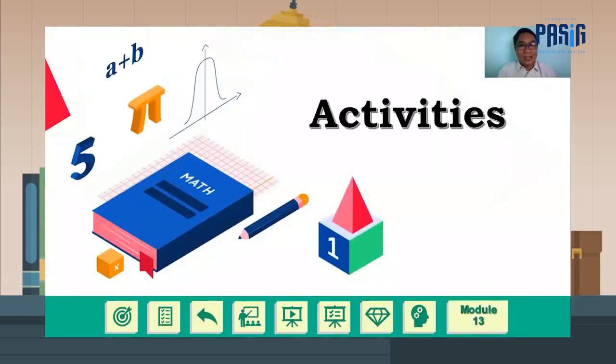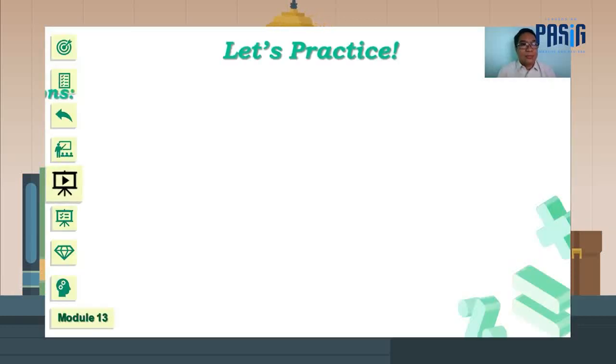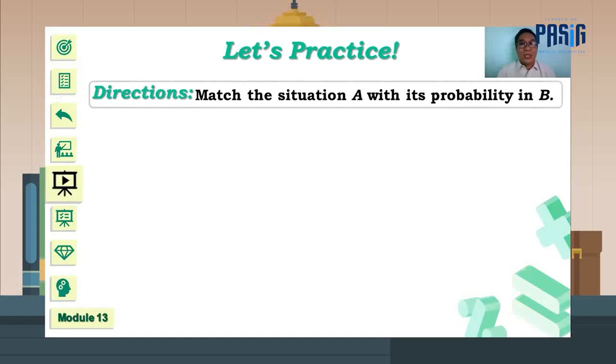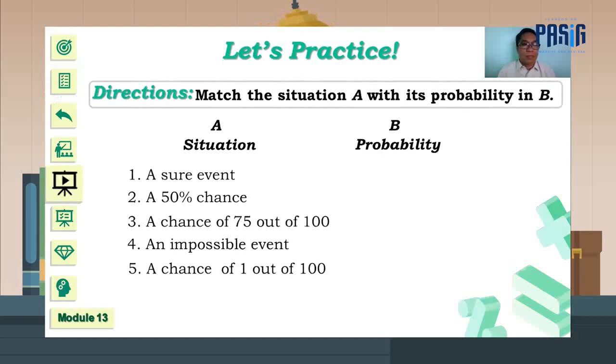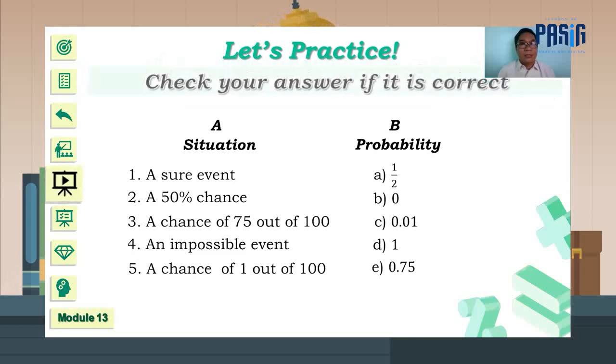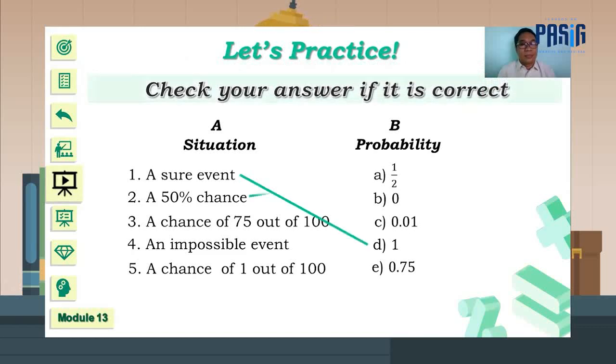Okay, for more practice, you may answer the activities. You have activity 1. Match the situation in A with its probability in B. Check your answer. Let's have more practice.